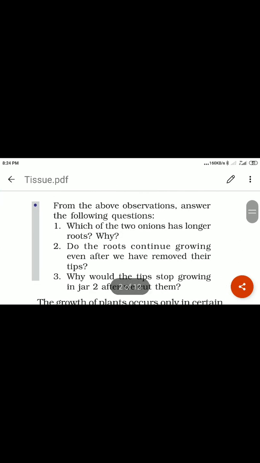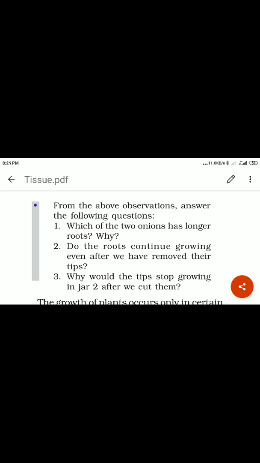From the above observation, answer the following questions. When you do this experiment, you will clearly be able to answer the questions. First, which of the two onions has a longer root and why?